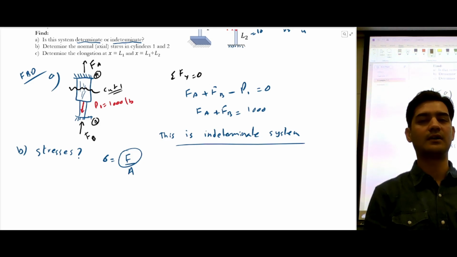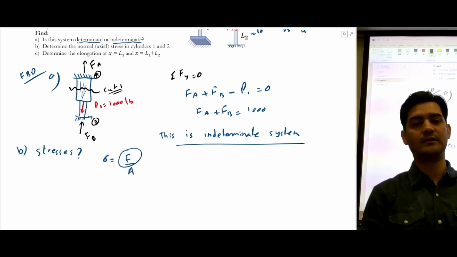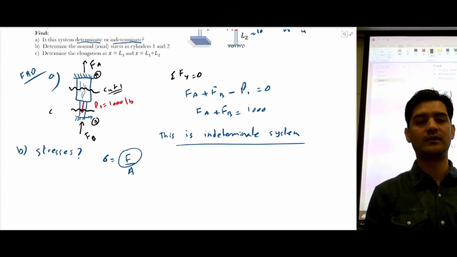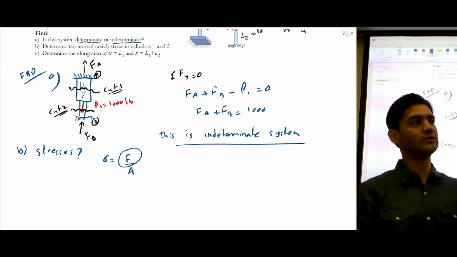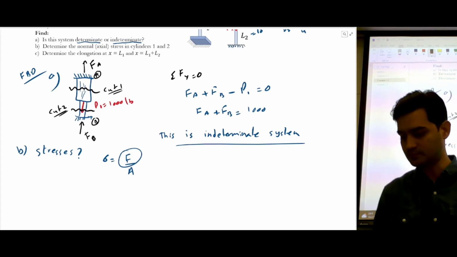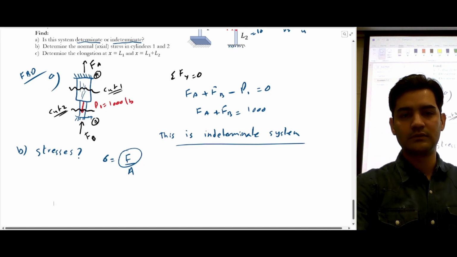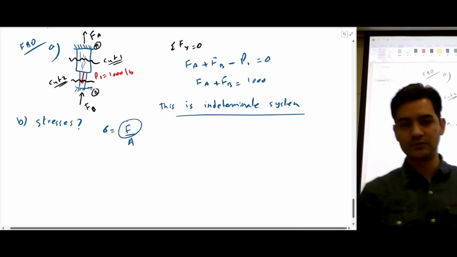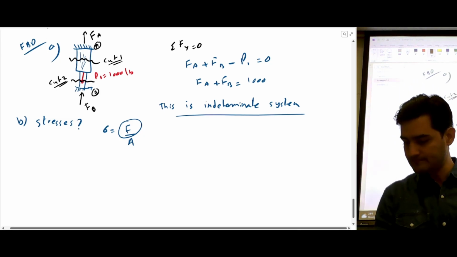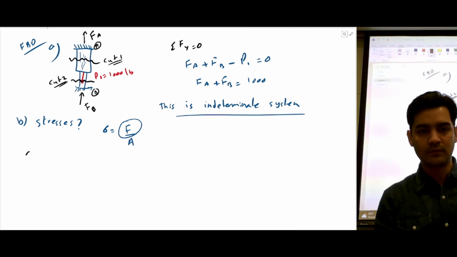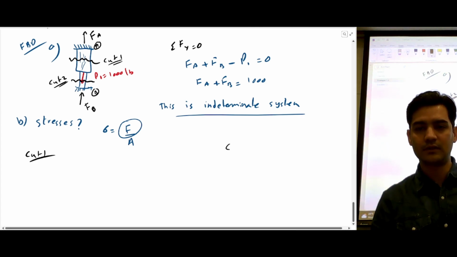If you take a cut in cylinder 1, you're going to expose the internal loads of cylinder 1. And if you make a cut in cylinder 2, you're going to expose the internal loads of cylinder 2. So let's try to do this. I'm going to write cut 1 here. I'm going to write cut 2 here.